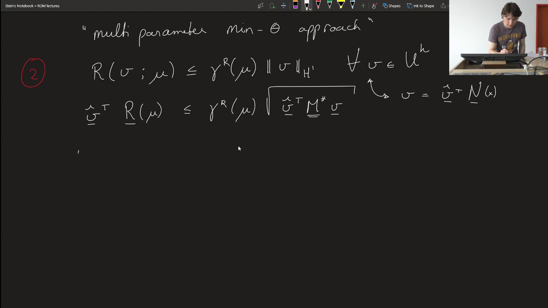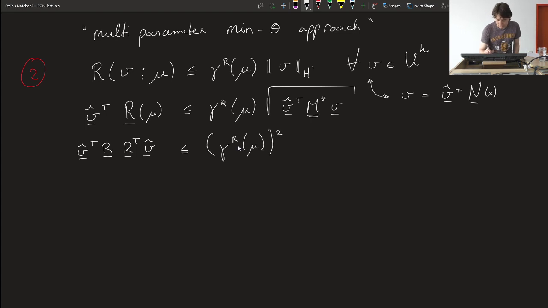So what this will end up being is I'll have v hat t times r, that's what I had, now multiplied by itself, transposed, so I get r t v hat. And that's going to be smaller than or equal to gamma R mu square times v hat t m star v.